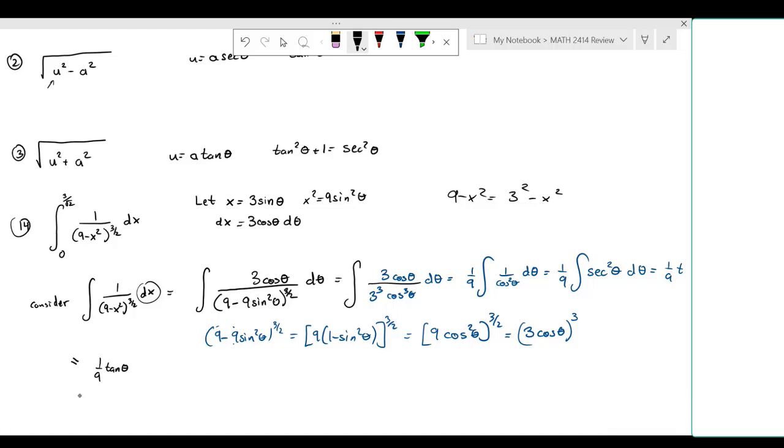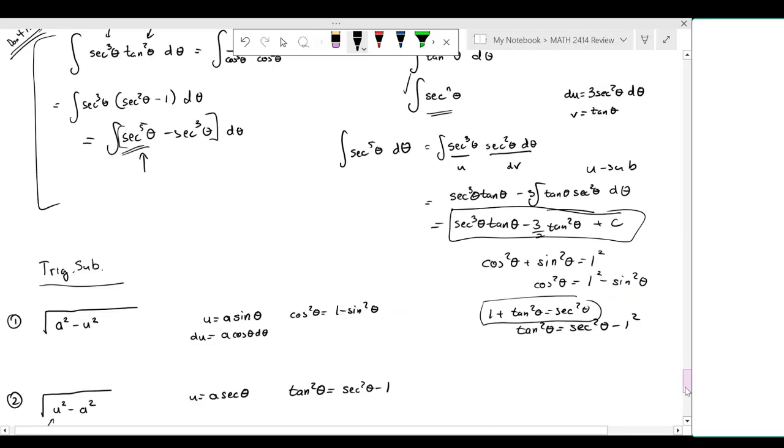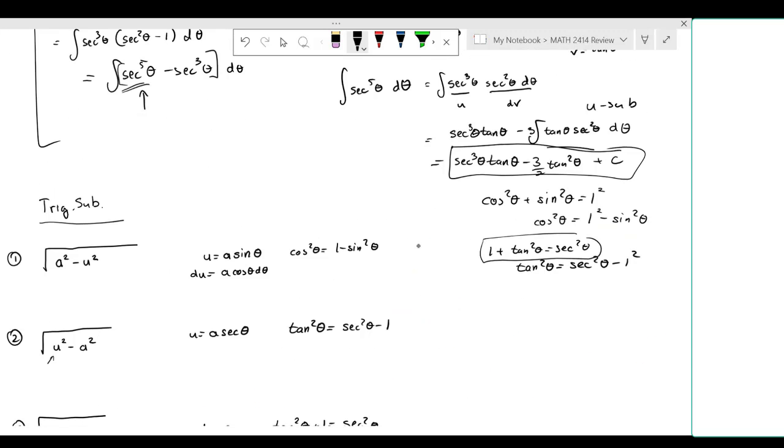And if we want our antiderivative in terms of the original variable x, what can we do? Did they teach you to draw a right triangle, perhaps? Just remember that you use the original substitution to draw a right triangle as an aid.